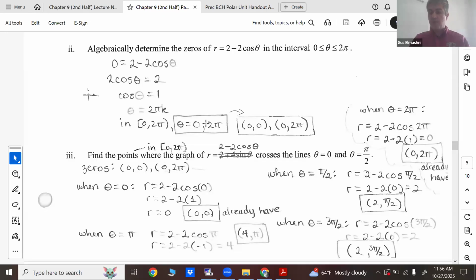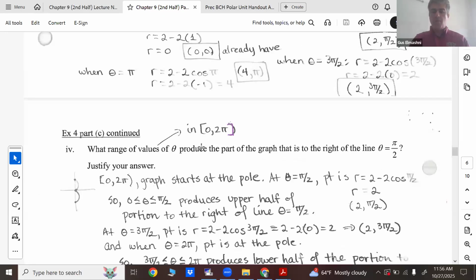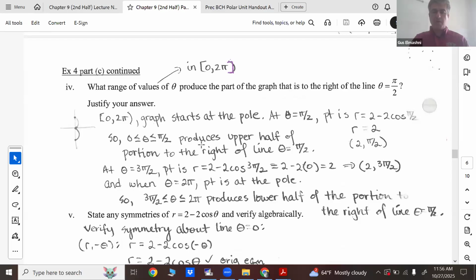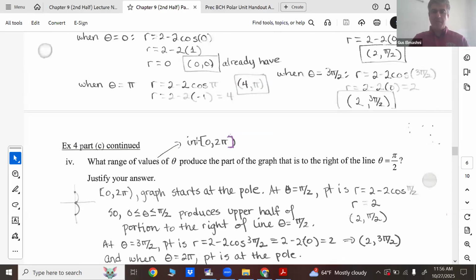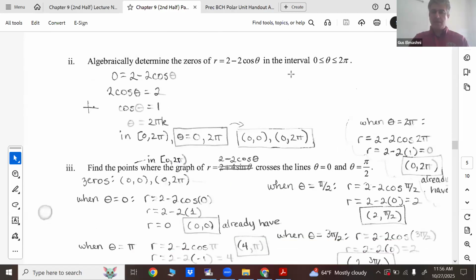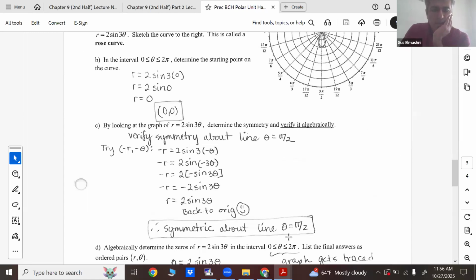Plug in pi over 2 and 3 pi over 2 for theta for part 3. For part 4, they're asking you when you're to the right of theta equals pi over 2. You should be able to figure that out. State the symmetry. That should be pretty easy. And then we'll discuss in a few minutes. So I'll have you guys do the next few parts on your own. We'll look at the homework right now.